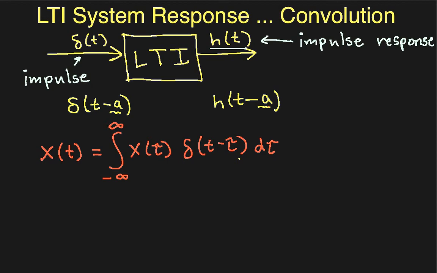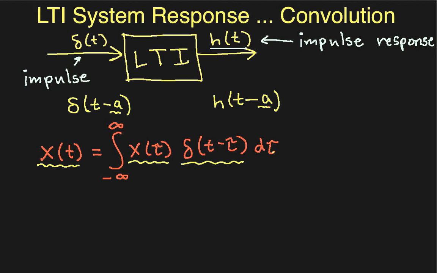Okay? And again, this is one of those things that may seem like a completely pointless thing to do, but it turns out to be very useful in our current effort to find the output of a system due to an arbitrary input. Because what we've done is we've described this arbitrary input in terms of the arbitrary input and a shifted delta function.